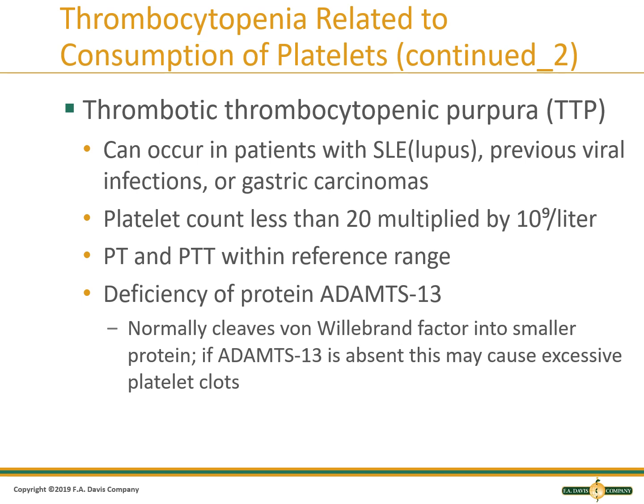The PT and the PTT are within reference range, so they are not abnormal. It can be tied to a deficiency of protein ADAMTS13. This protein normally cleaves the von Willebrand factor into smaller proteins. If ADAMTS13 is absent, this may cause excessive platelet clots.